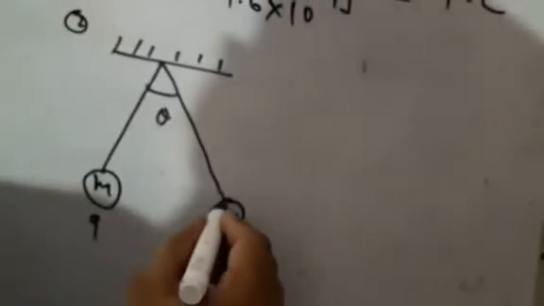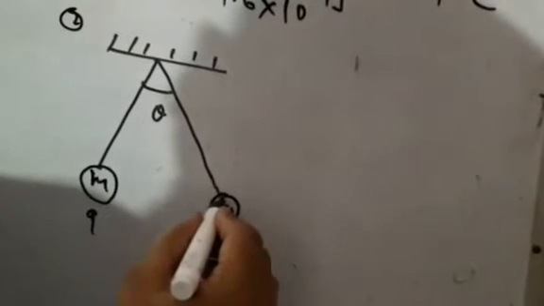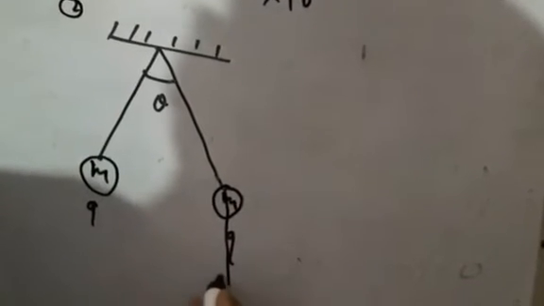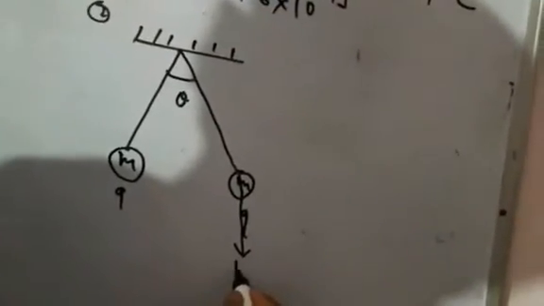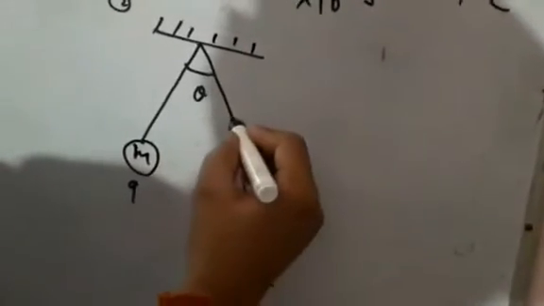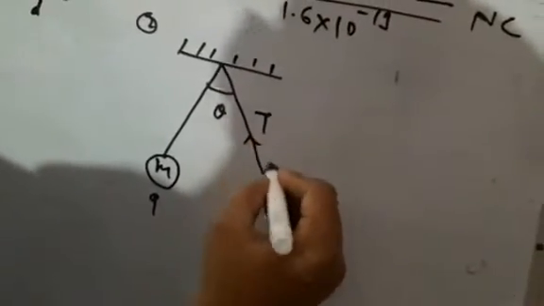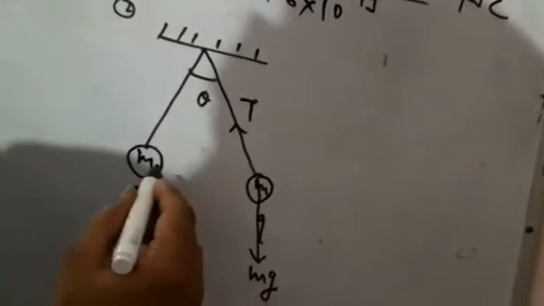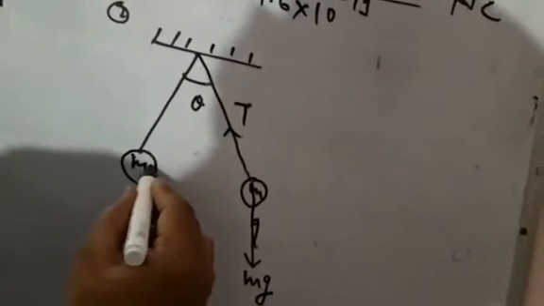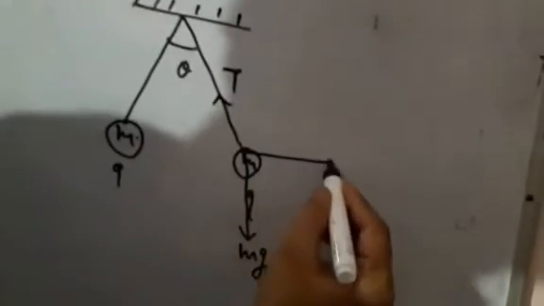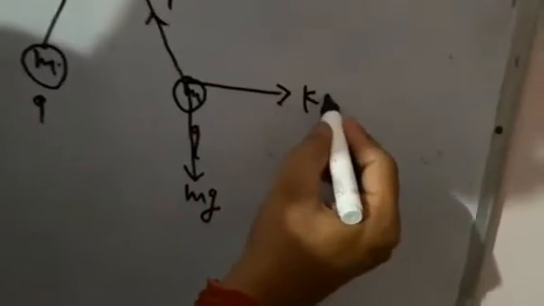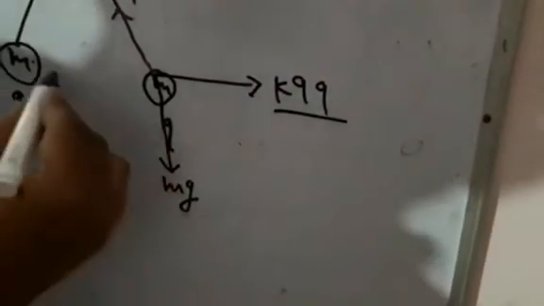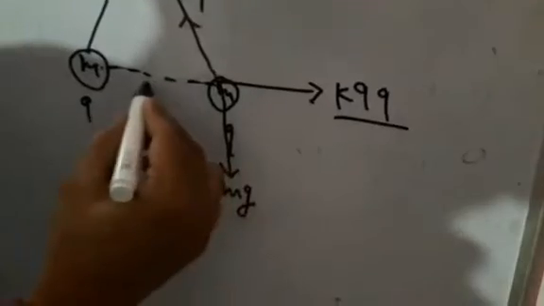So for that type of question, we first draw a free body diagram. That means the applied forces on the m mass particle are vertically downward mg, tension force in the rope, and electrostatic force due to the other charged particle, that means constant QQ upon R square.